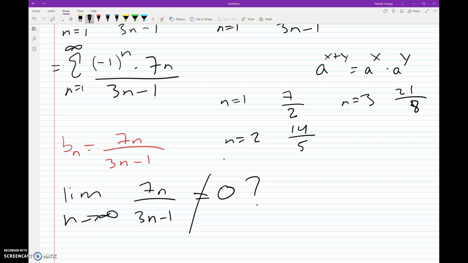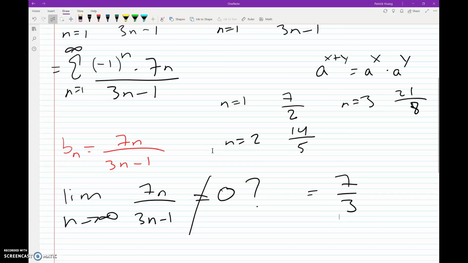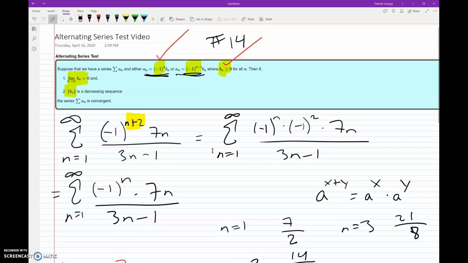The limit is actually equal to 7 over 3. Because this limit is equal to 7 over 3 and not 0, we do not satisfy this condition. And once you do not satisfy one of the conditions, we can't use the alternating series test. We can't say for a fact that the series is convergent.